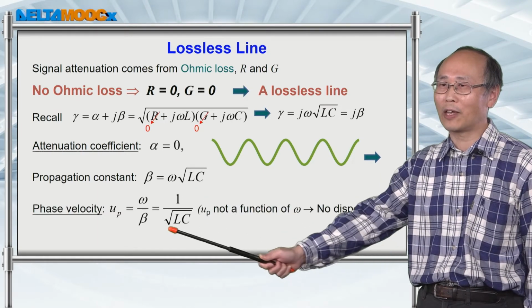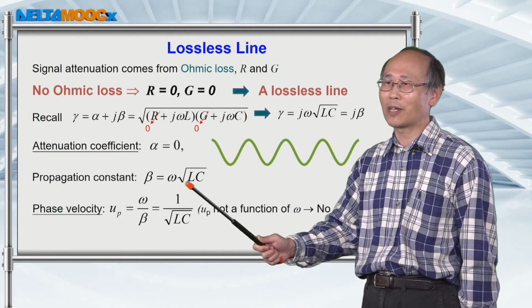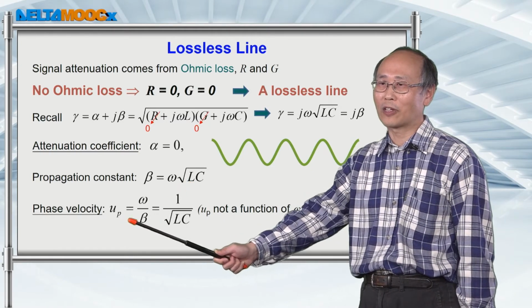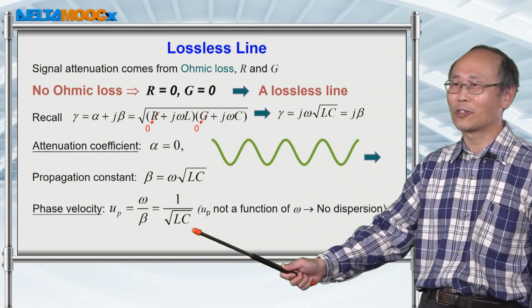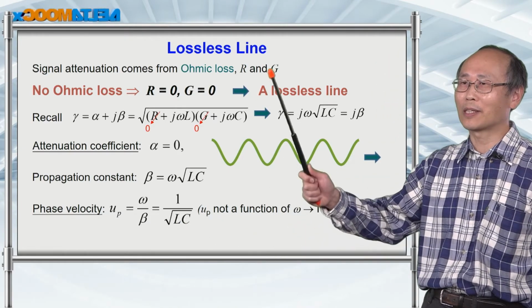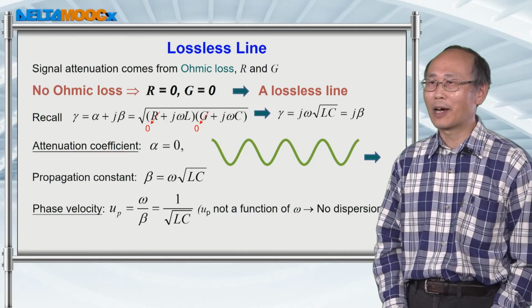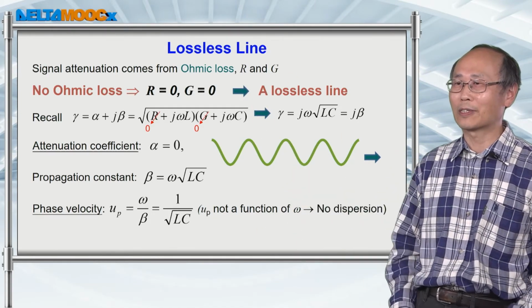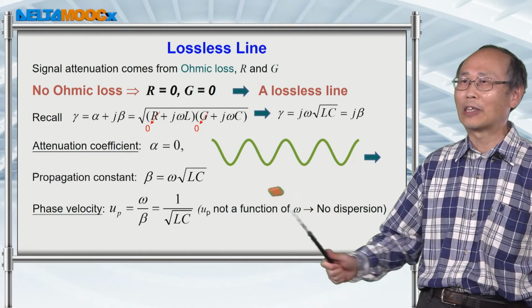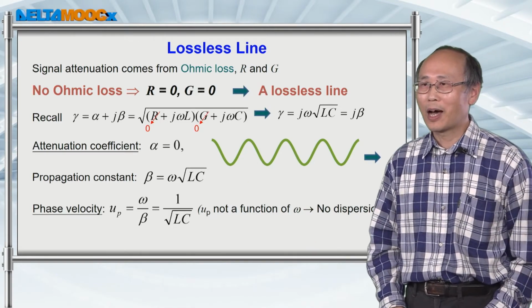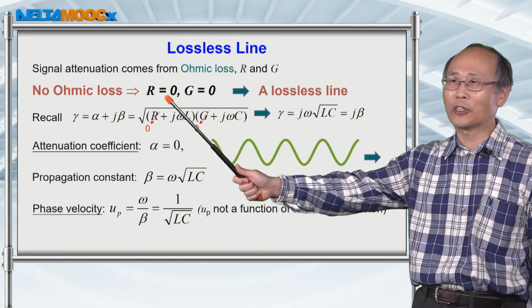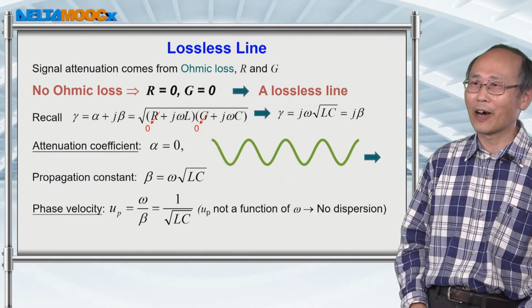So if you calculate the phase velocity based on this expression, you find that the phase velocity is not going to be a function of frequency. So this means that this lossless line is not only lossless, but also dispersionless. There's no dispersion in this transmission line. This is the ideal situation where you don't have resistance or conductance in a line.